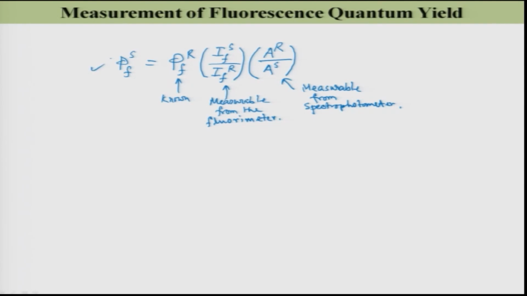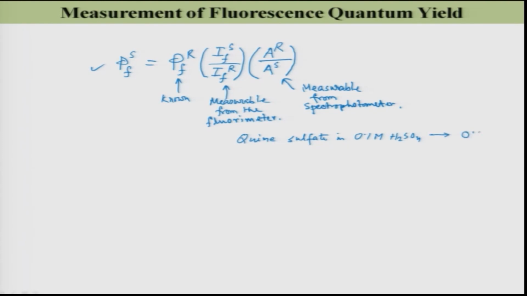So, what reference molecules do people generally use, I mean which are well known? So, for example, one can use quinine sulfate in 0.1 molar sulfuric acid. For this quinine sulfate in 0.1 molar sulfuric acid, this phi_F is known, right.